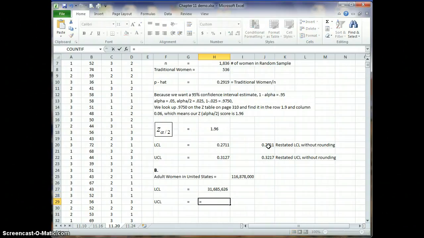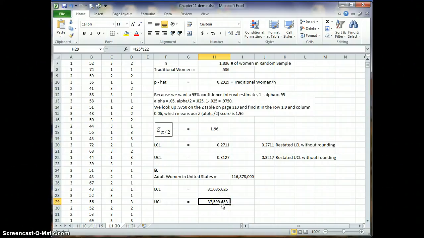And for the upper confidence limit, we're again going to take the total number of adult women in the U.S. and multiply it by the upper confidence limit proportion, what we've calculated there, and there we get 37.